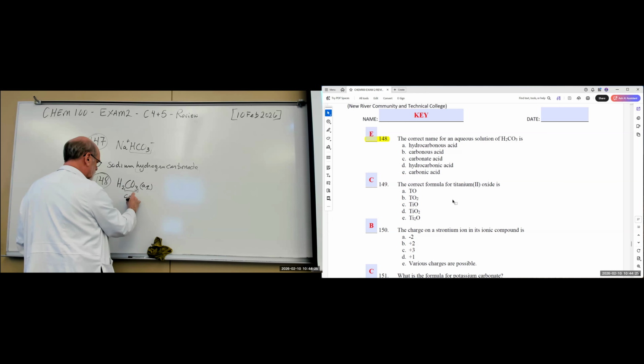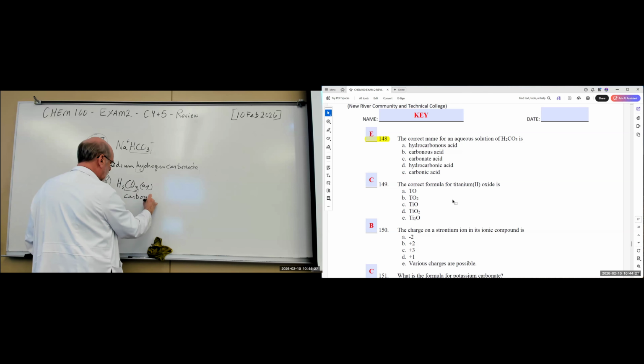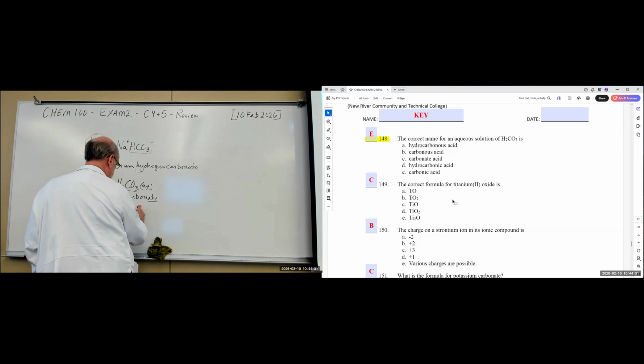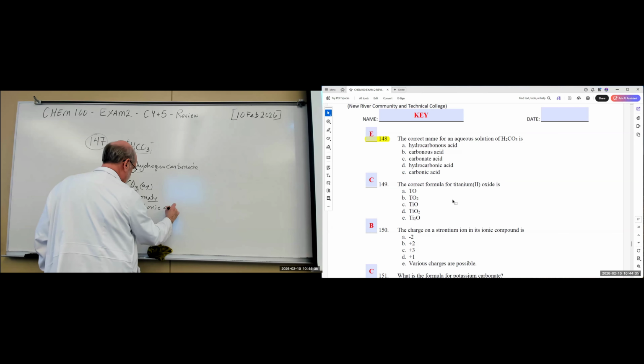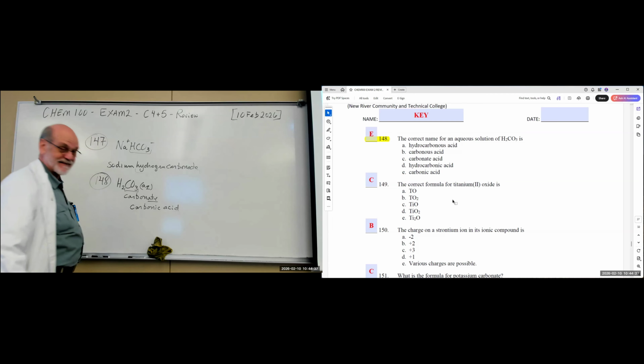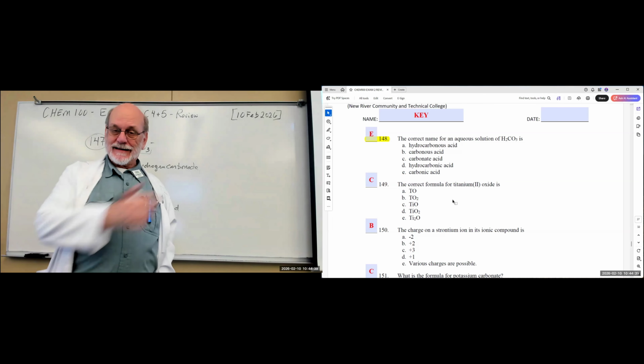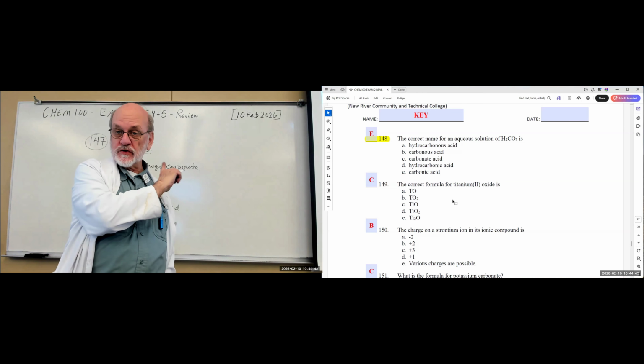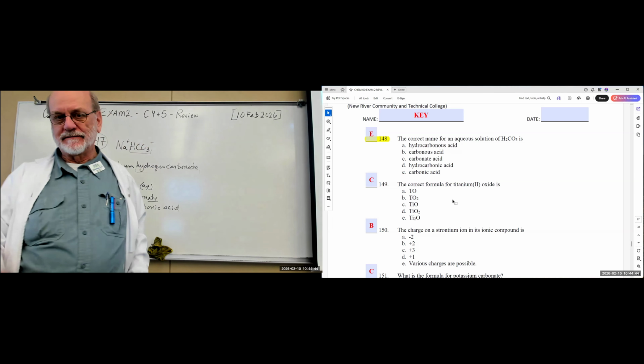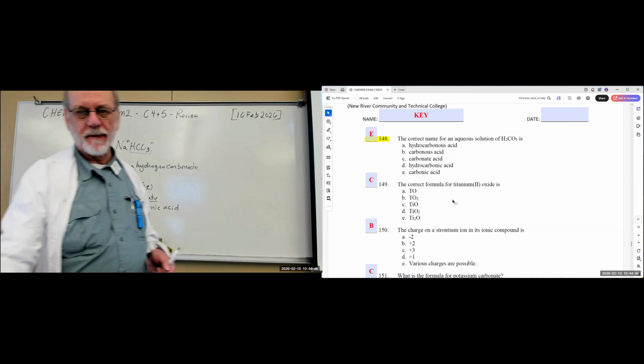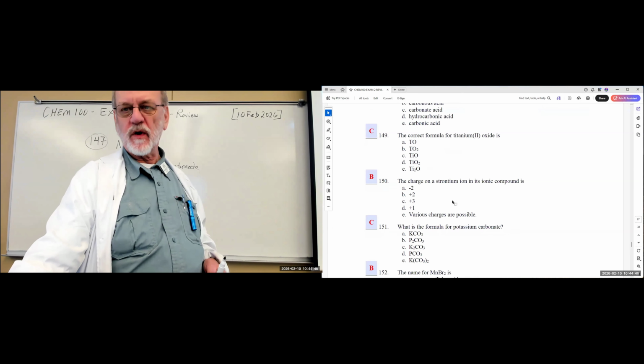That's the carbonate. Polyatomic ion. Ate becomes ic. So it's carbonic acid. That's it. That's what you drink when you drink pop. Carbonic acid. Don't worry, it's a weak acid.